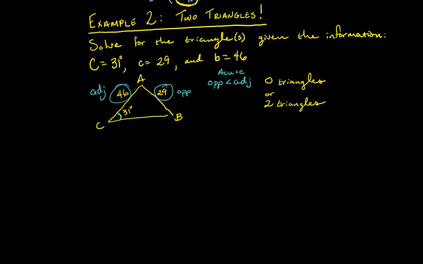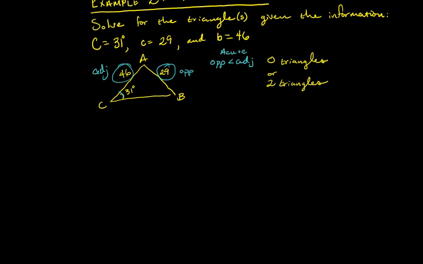Okay? So what do we do? Well, you just start solving, honestly. You just solve it like normal. So you're going to set up a law of sines proportion. All right, so here we go. We're going to do the only thing we can do, which is find angle B. That's the only thing I can find.